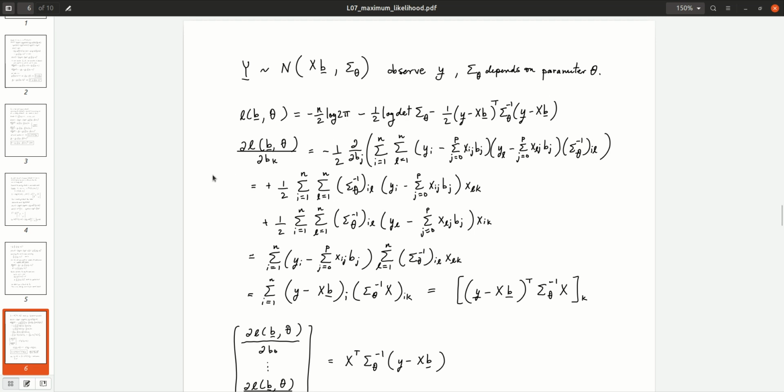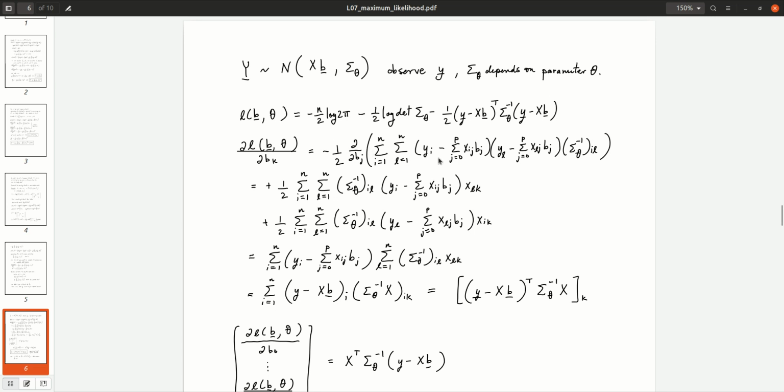If we take the partial derivatives of the log likelihood with respect to the regression coefficients, here I'm taking it with respect to b sub k. Let's see, a slight typo here. This should say partial b sub k. And here the sum is over j.